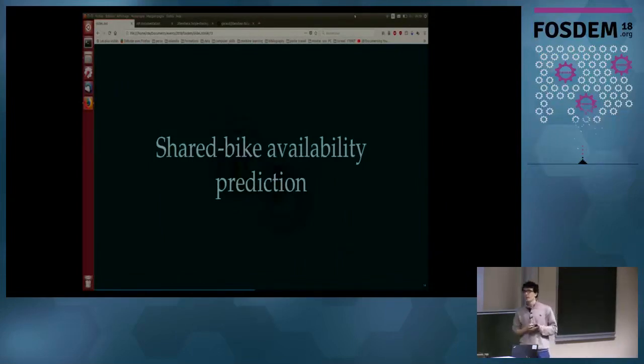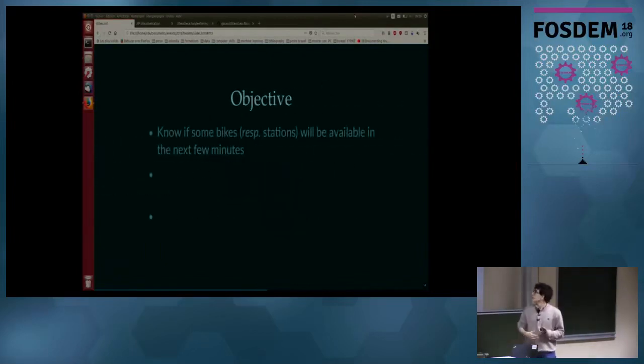Then after that, we tried to predict the availability of bikes at shared bike stations. What we know in such situations is the date, the time of the day, and how many bikes there are at the station, but the question we want to answer is how many bikes will be there at the station in the next hour.